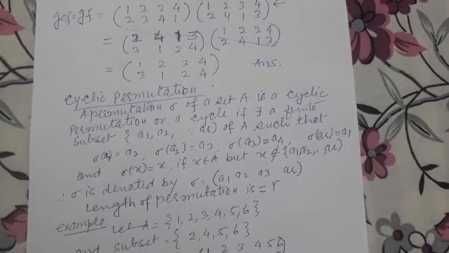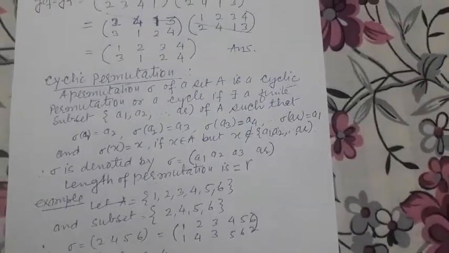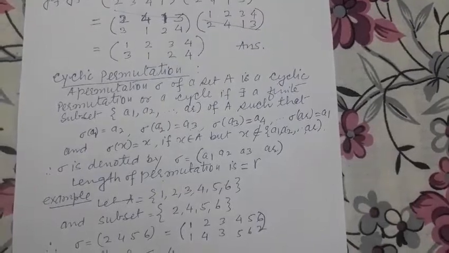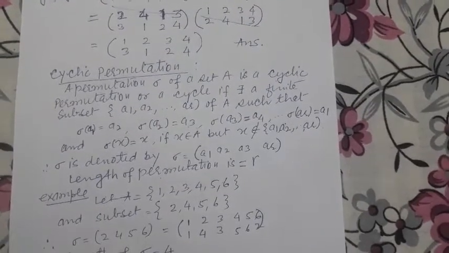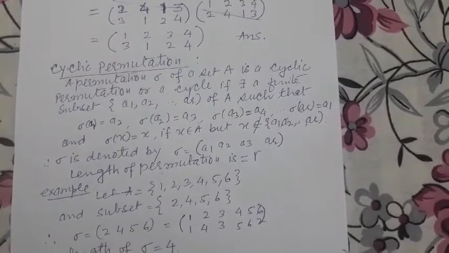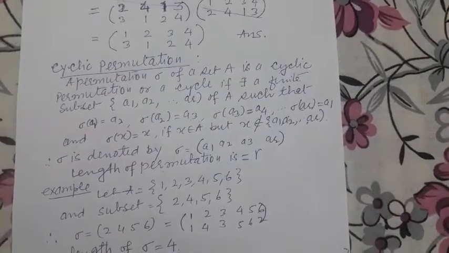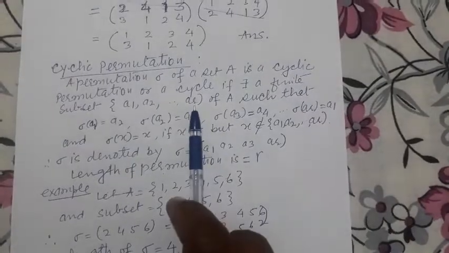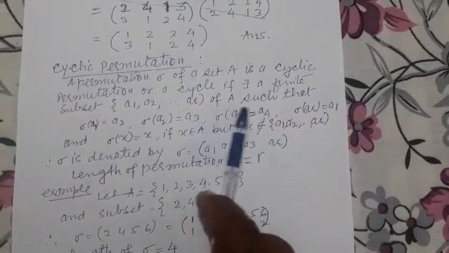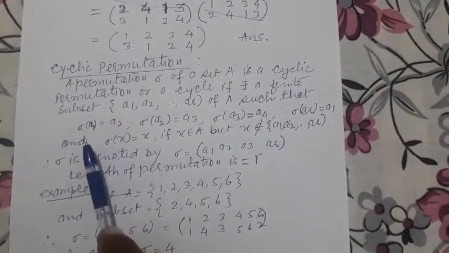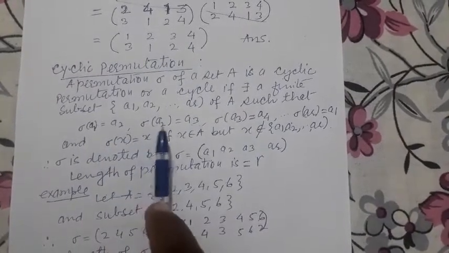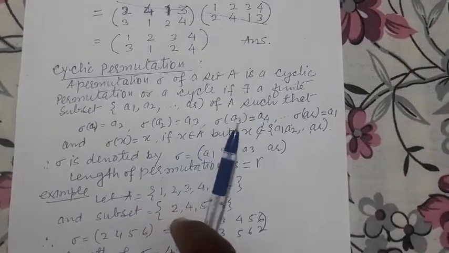This is the exact method by which we can find the product of permutations. Now what do we mean by a cyclic permutation? A permutation sigma of a set A is a cyclic permutation, or a cycle, if there exists a finite subset A1 to Ar of A such that sigma of A1 is A2, image of A2 under sigma is A3, and so on.